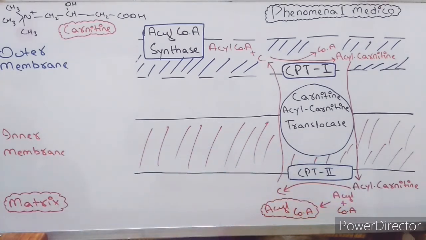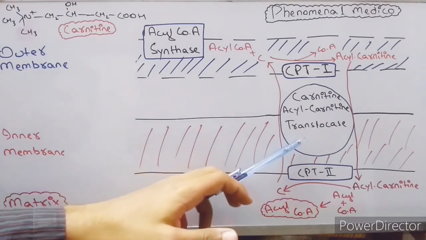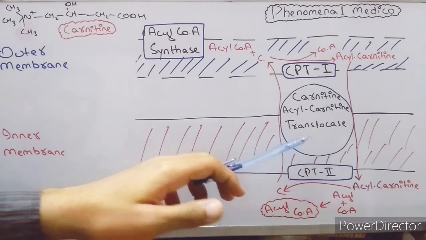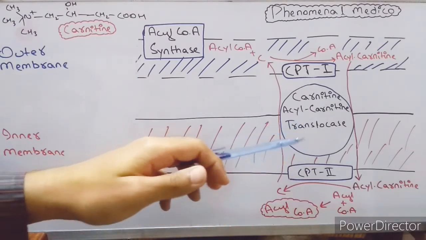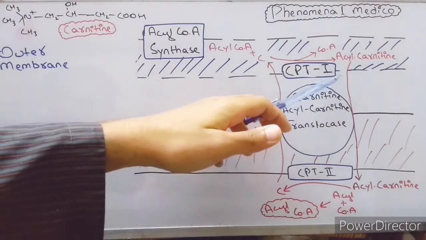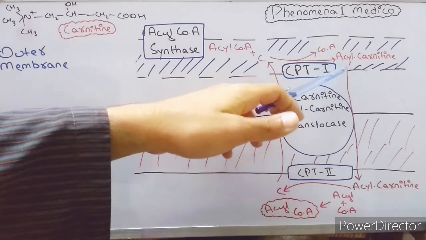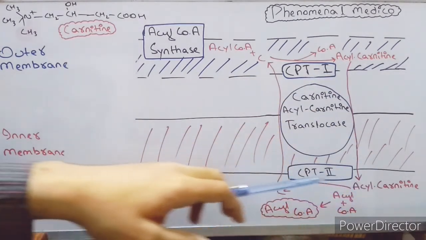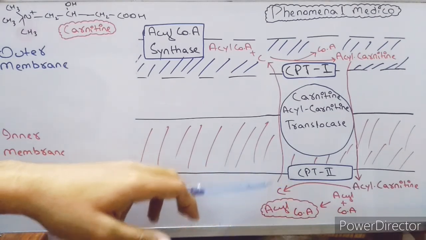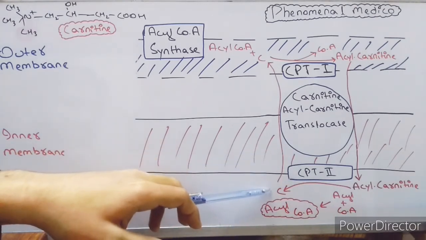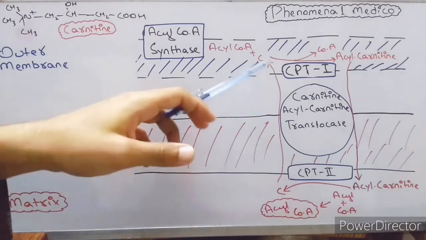So once acyl carnitine is formed, there comes another enzyme known as carnitine acyl carnitine translocase. It is embedded in the outer aspect of the inner membrane. You can assume that from its right hand, it transfers the acyl carnitine molecule from the outer membrane to the mitochondrial matrix, and from its left hand, it transfers simple carnitine back from the matrix to the outer membrane.